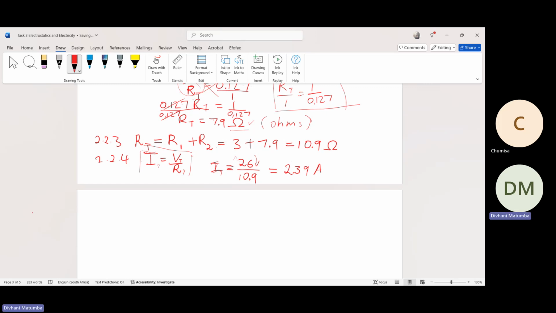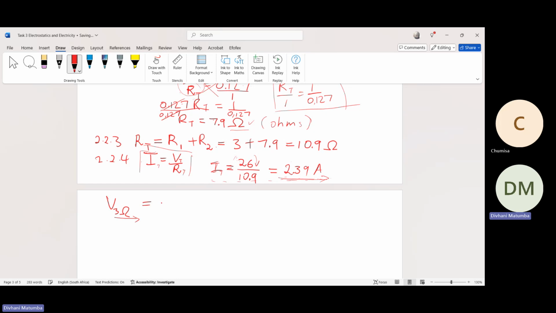And then the question said, what is the voltage across 3 ohms? What we know is that the total current that we have will flow in your 3 ohm resistor.